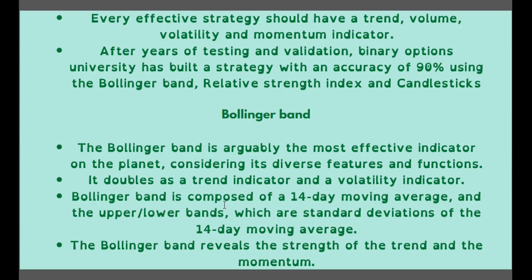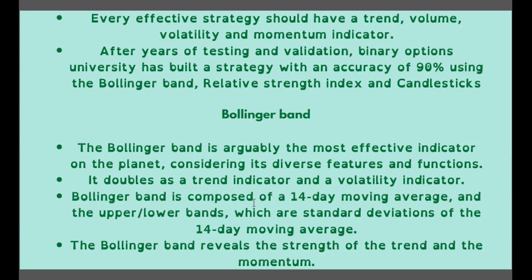If you take a closer look at the Bollinger Band, you realize that it has the middle line. The middle line is the 14-day moving average, which can be adjusted to suit your trading style. But we advise our students to maintain a 14-day moving average on the settings. So do not change the settings.